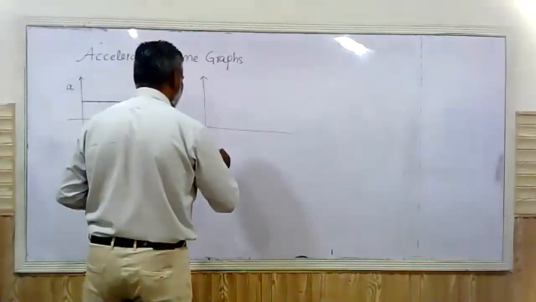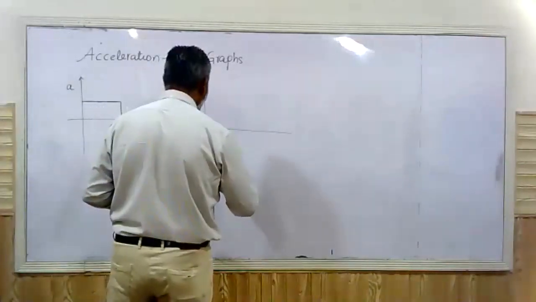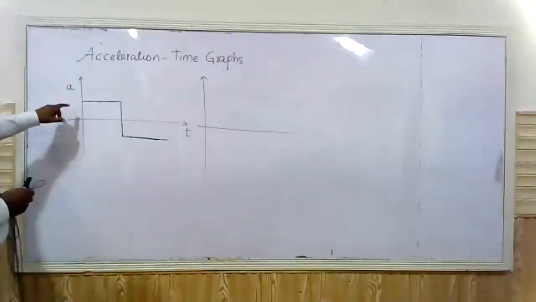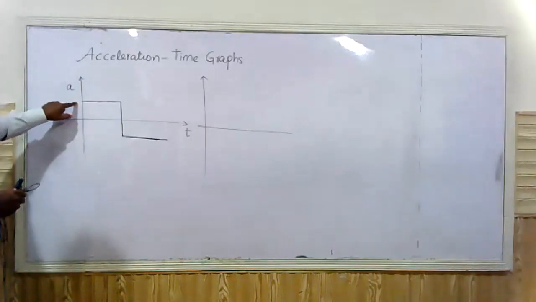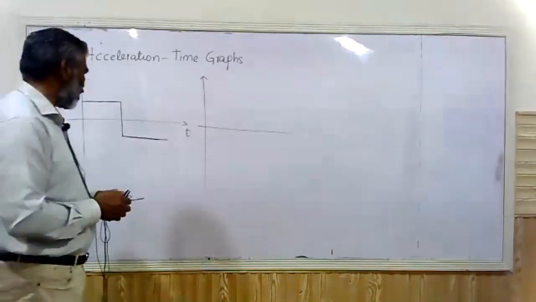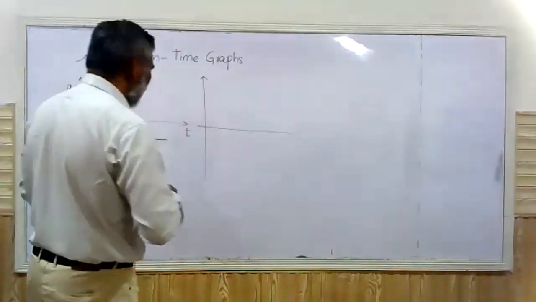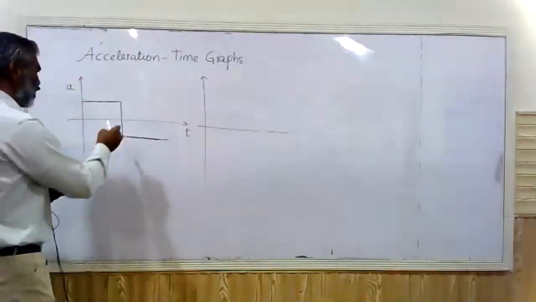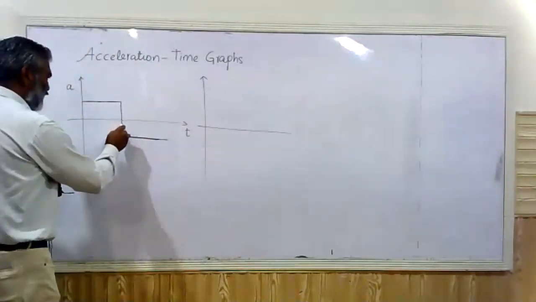It may be if an object is dropped from a small height, it accelerates. But let's say it hits the floor and moves up. So during this hitting the floor, let's say it doesn't take any time.